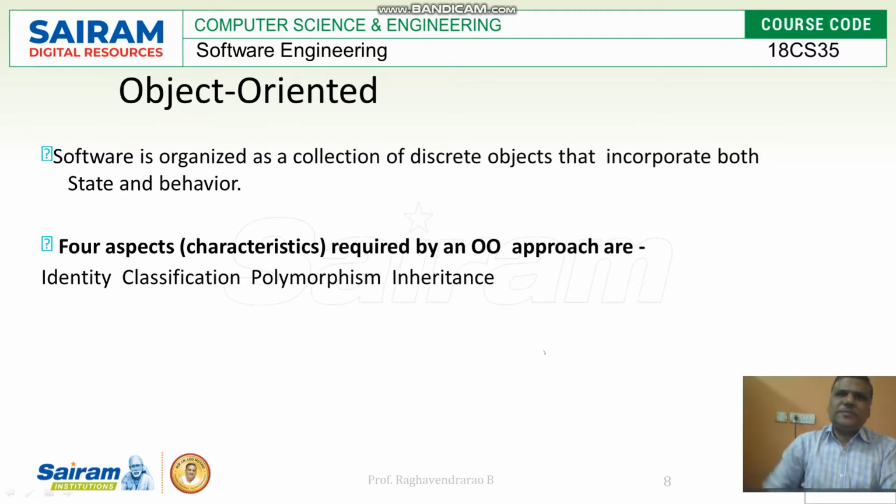Object orientation has its own characteristics: identity, classification, polymorphism, and inheritance. If these things are there, then you can call it an object-oriented concept. These four must be there for the object-oriented approach.